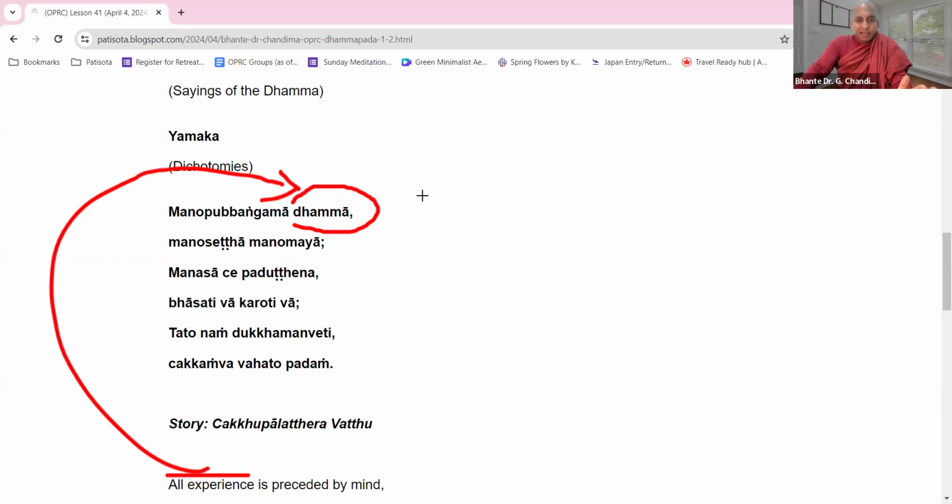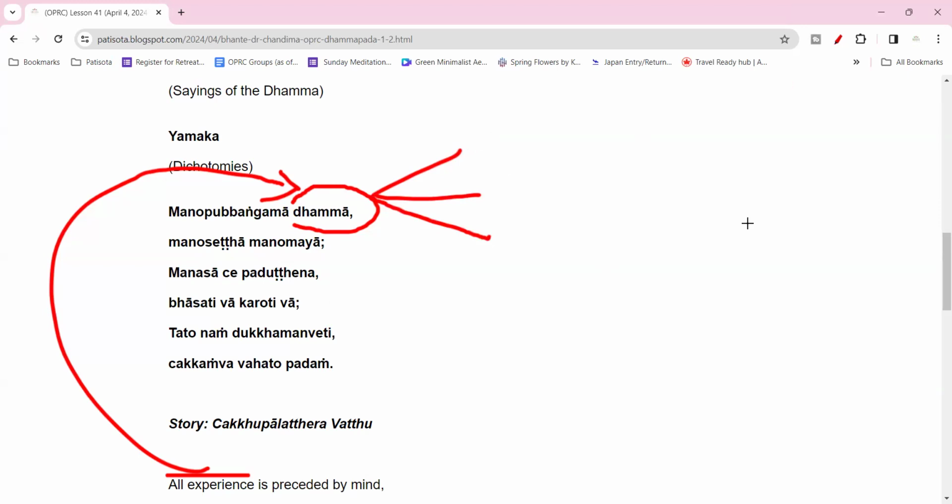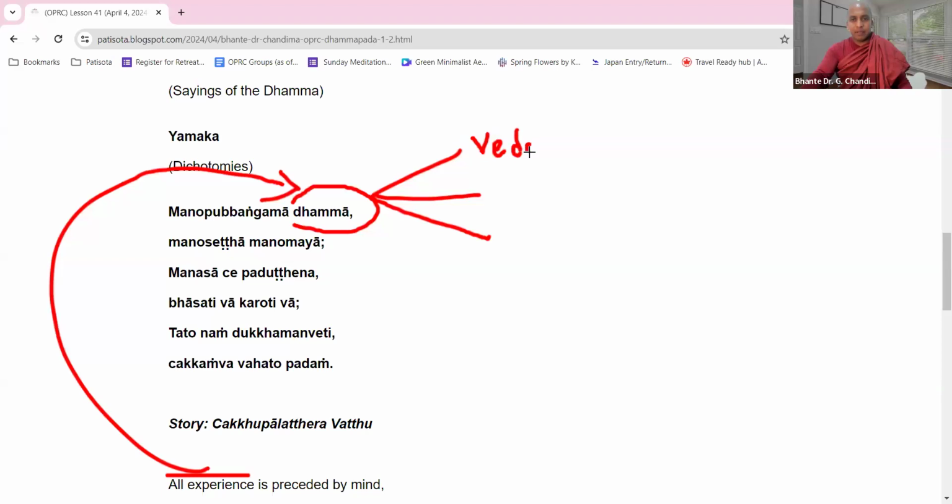I would say experience. In the Pali context, in the suttas, experience includes three things. The first one is Vedana. If you look at your past experiences, you could see a Vedana. Vedana means feeling. Sorry about my writing up and down, but just to understand.